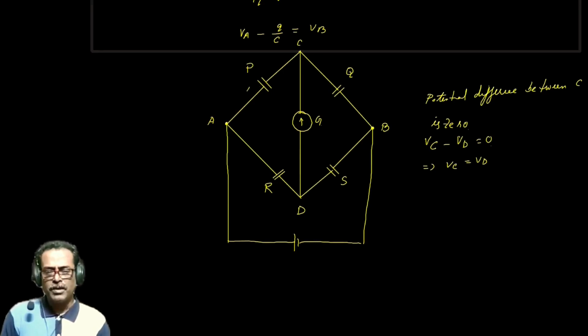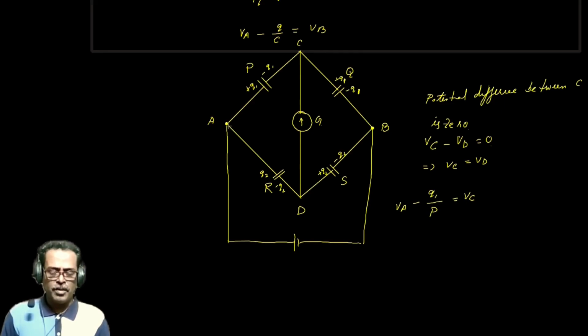Suppose plus Q1 charge is stored in capacitor P, minus Q1, plus Q2, minus Q2. Now the potential difference between C and D is 0. So this is Q1 and this is Q2, minus Q2, plus Q2, minus Q2. Now, if we move from point A towards C, then VA minus Q1 by P is equal to VC.